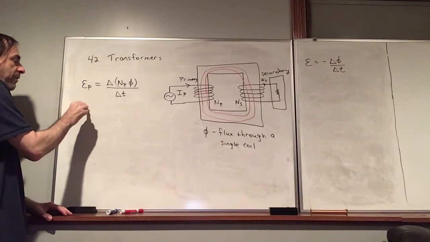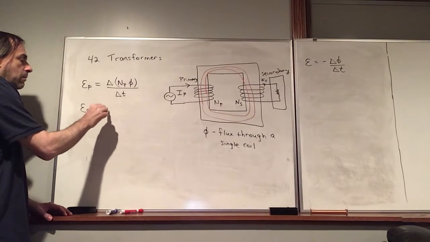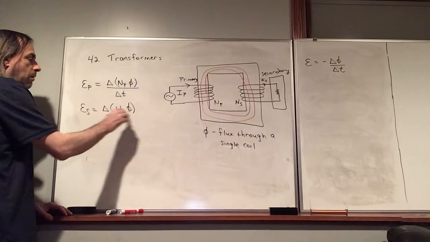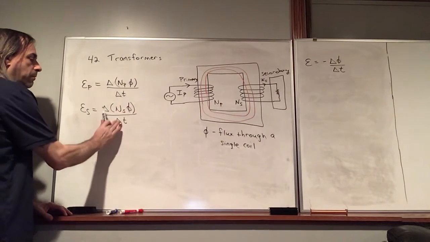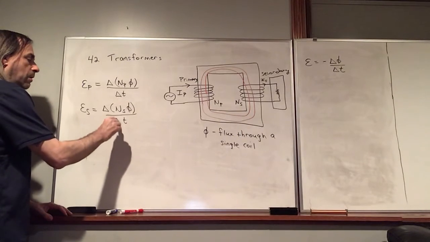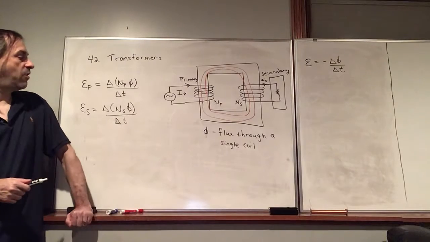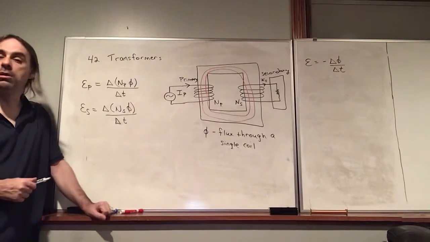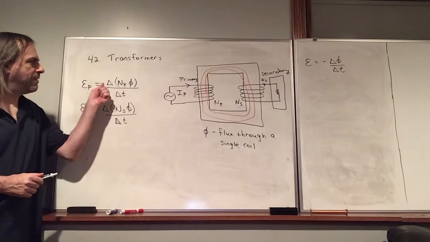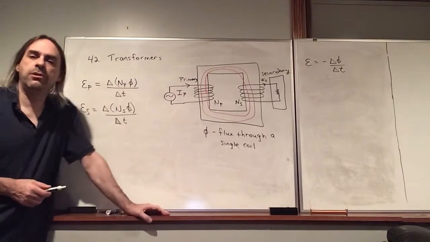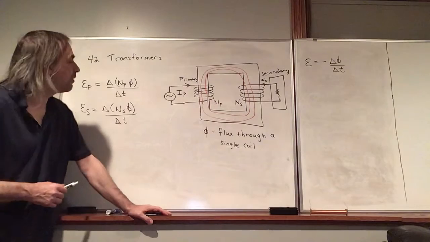And the EMF in the secondary coil, same thing, except we look at flux in the secondary coil, different number of loops. Now again, we have this delta symbol, so we're taking a difference of a product of two things, and we've done this a few times before.